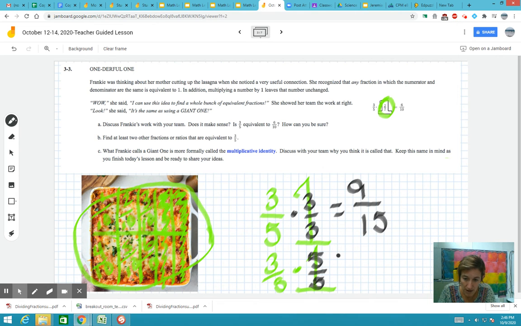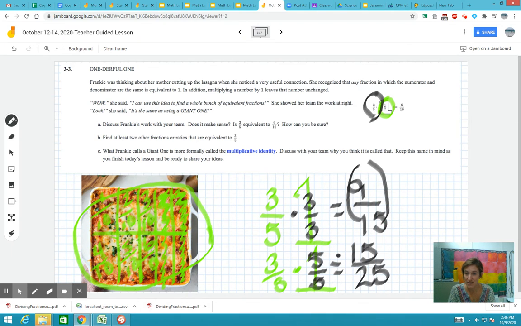So now 3 times 5 is 15, and 5 times 5 is 25. So these fractions here, 3/5 is equal to 9/15, equal to 6/10, and equal to 15/25. Don't panic. I know this might be kind of hard right now. We're going to get there, guys. I promise. We can do this.